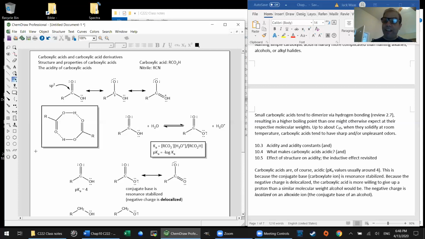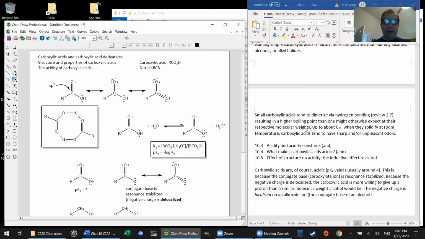And so that's why carboxylic acids, other things being equal, have significantly higher boiling points than compounds of similar molecular weight. And I would say this tends to be the case unless R is something really, really huge. If it's so big that the two molecules can't even approach one another, then this doesn't so much happen.